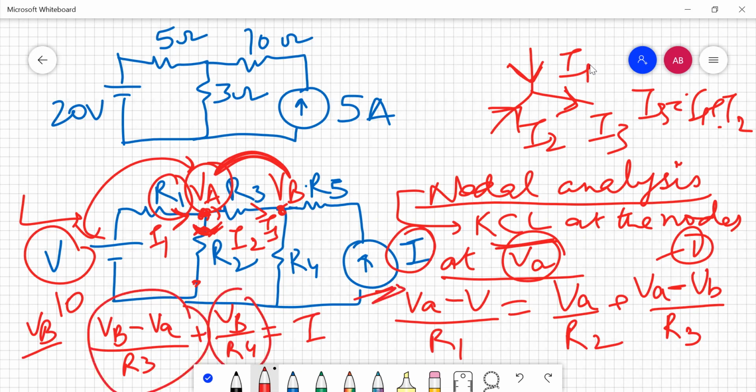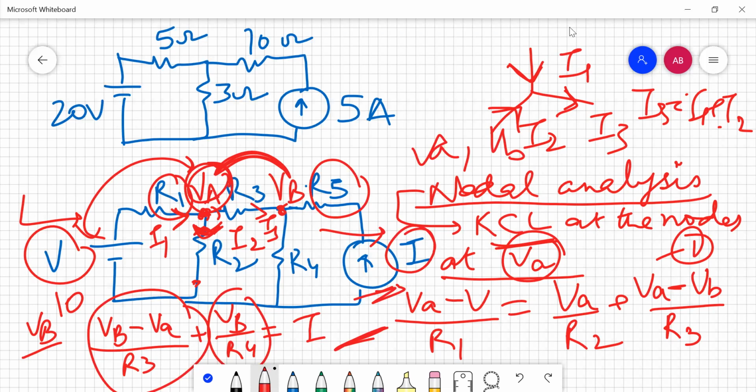So if a current source is present, we need not take VB by R5 here because the current has already been given. So by solving these two equations, we can know the value of the current in any branch, because once we get the value of VA and VB, we can know the current in any branch. Like if I know VA, what will be the current I2? If it is 10 divided by R2, it will be I2, right?